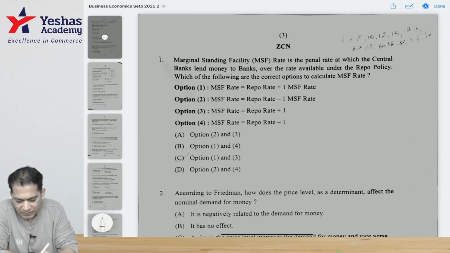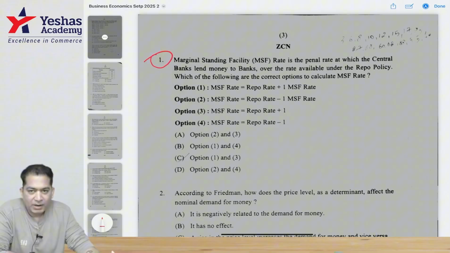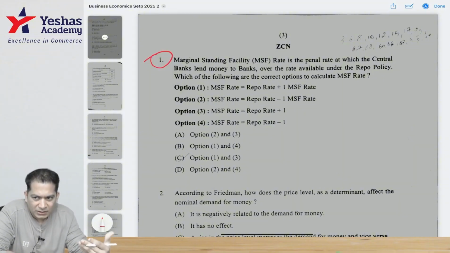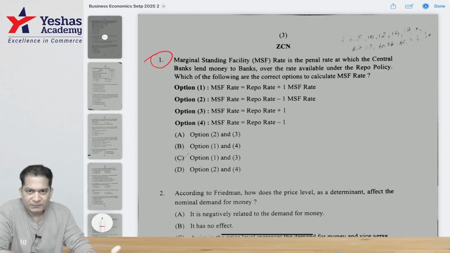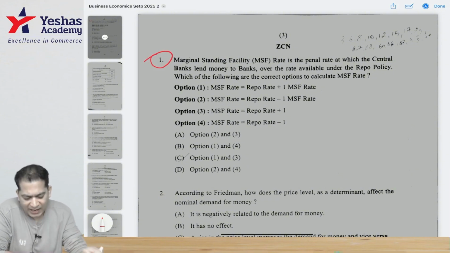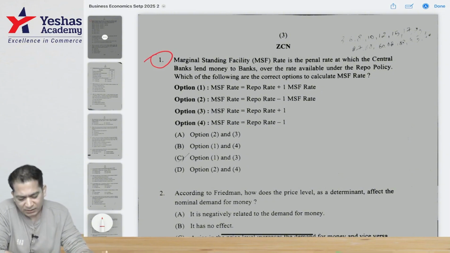Now, first, this particular question says marginal standing facility. We all know what is marginal standing facility. It is when the banks are in crisis, when they have already exhausted the liquidity adjustment facility window, then they can borrow additionally by dipping into their SLR on which there is a penal rate of interest. So MSF is usually kept 1% higher than the repo rate.